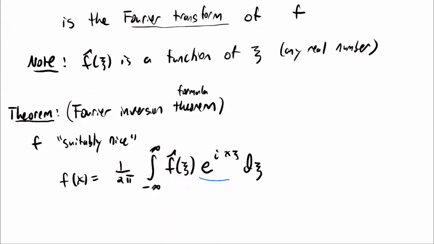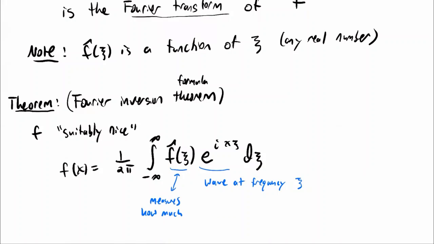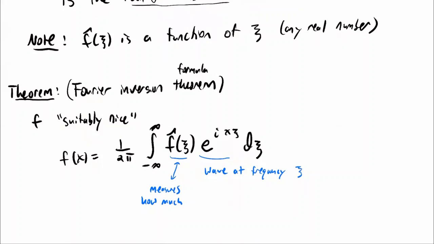Then this e to the i x c term is like a wave at frequency c, and the Fourier transform sort of measures how much of the function lives at frequencies c. Again, I'm being a little bit informal here. If we wanted to make this more rigorous, I would need to spend several weeks developing the theory of the Fourier transform, which we're not going to do. But it's at least helpful to have an indication of this perspective.